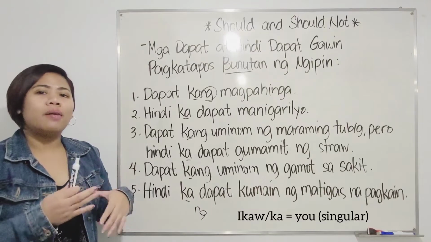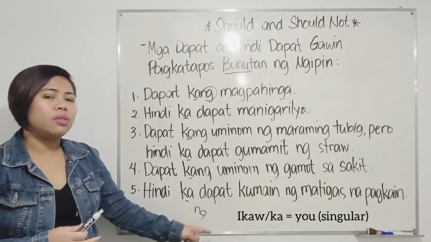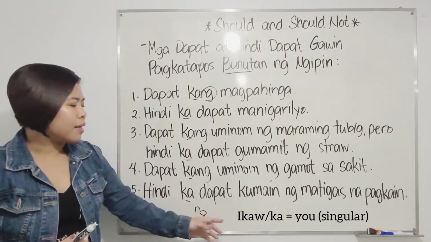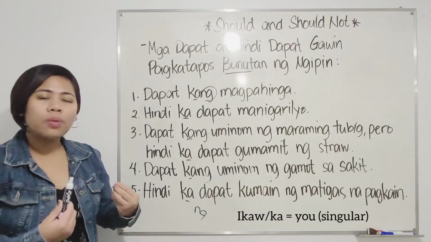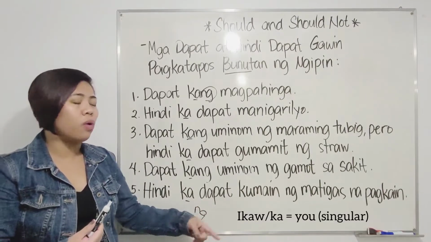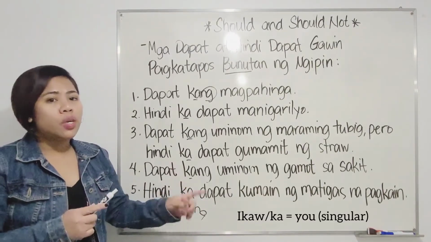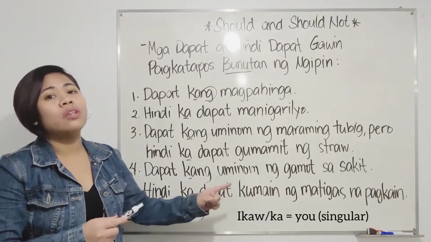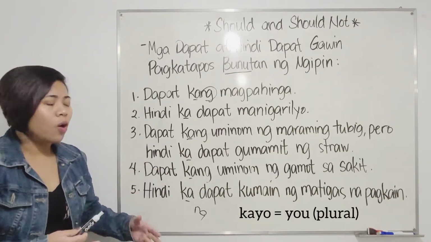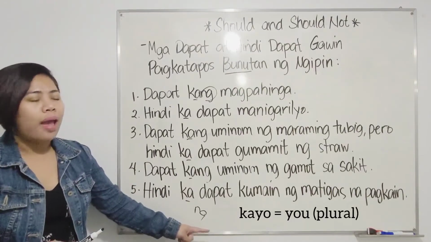By the way, later I'm going to explain the difference between these two, because one of my students asked, what's the difference? How do I know if I should use ka or ikaw? Because you said these two are just the same. It's you in English, and that is the singular you, because for the plural you, for Tagalog, we use kayo, and that means you.